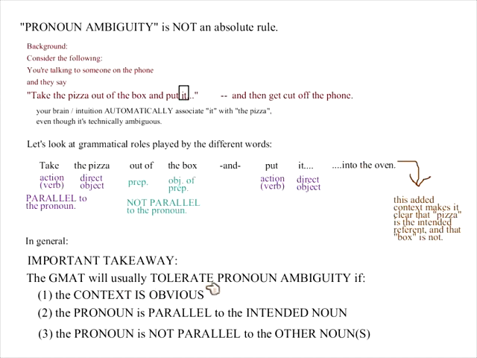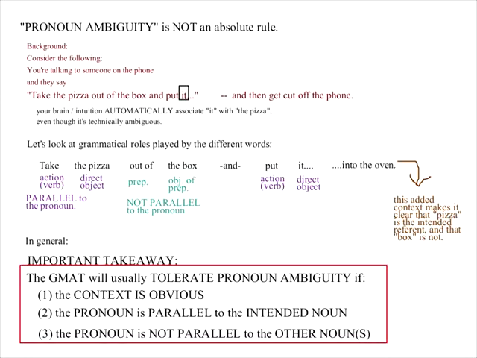So if you have an obvious enough context, a pronoun that's parallel to the intended noun and also not parallel to the other nouns, then that pronoun ambiguity will be tolerated. And so you really have to know this because it's not as easy of an elimination as you might think.